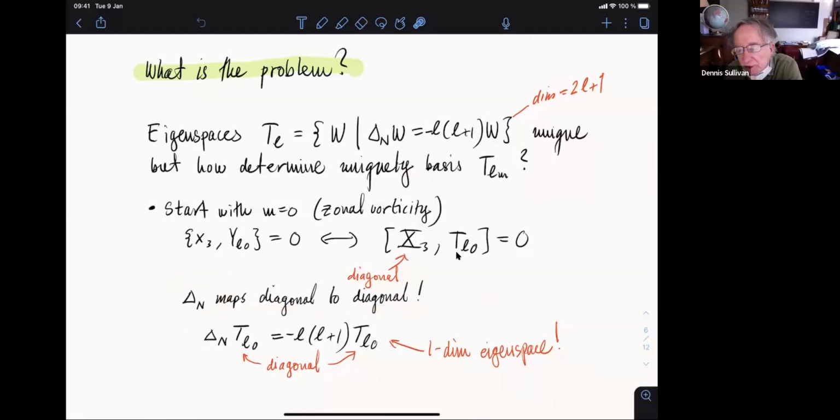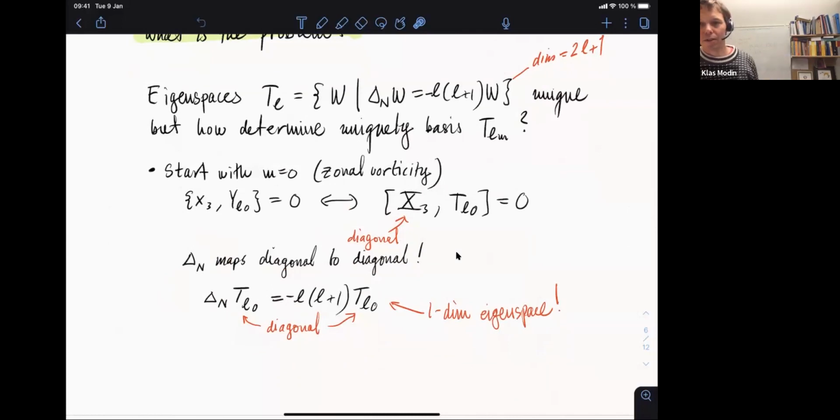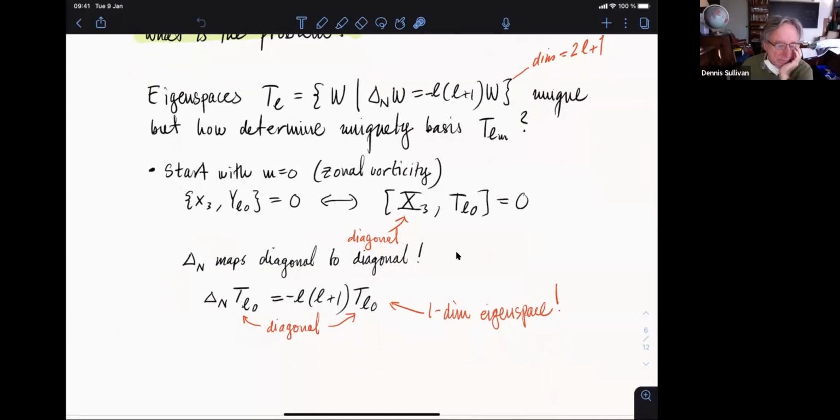Excuse me, what does x3 do on the sphere symmetrically? x3 generates rotations about the third axis, the z-axis, right? So you have these x1, x2, x3. Each of them corresponds to rotation about the x, y, and z axis. But infinitesimally, right? So what did I want to say? Yes, so it maps diagonal to diagonal.